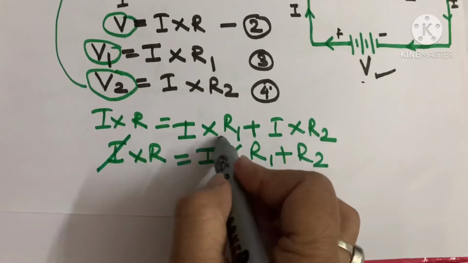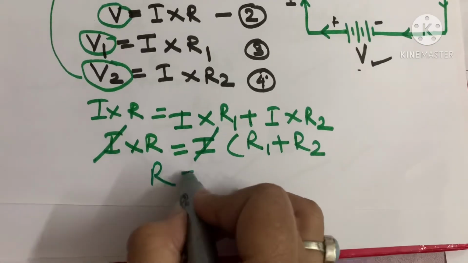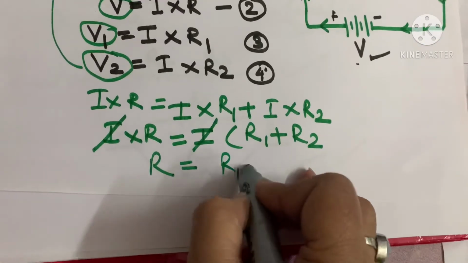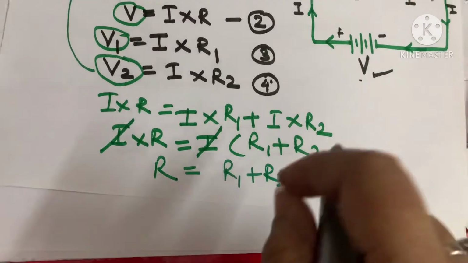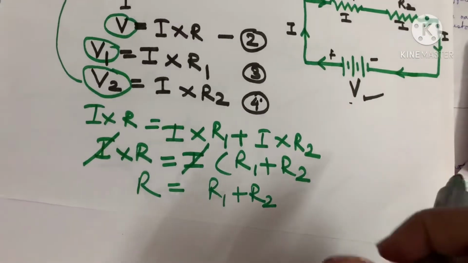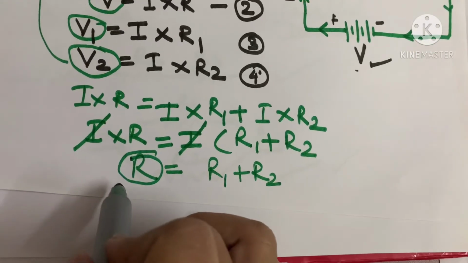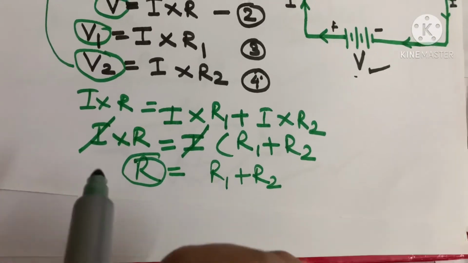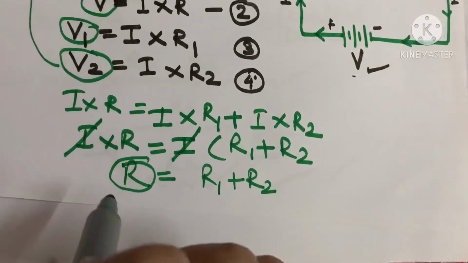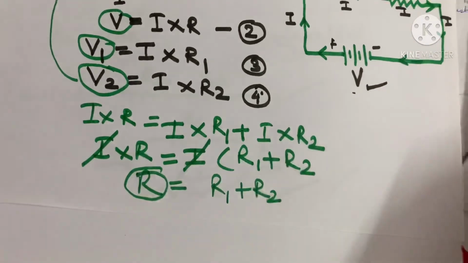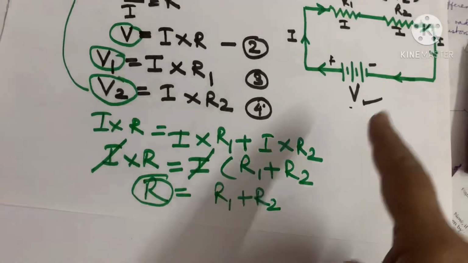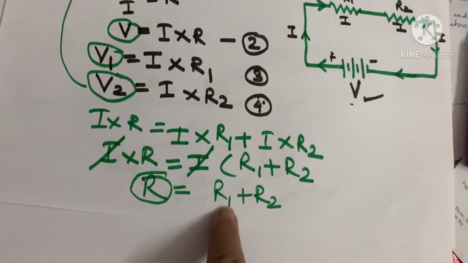Now cancelling I from both the sides, we will get R is equal to R1 plus R2. This R is known as the resultant resistance, or the combined resistance, or the equivalent resistance. So if we connect these two resistances, we will get this result.